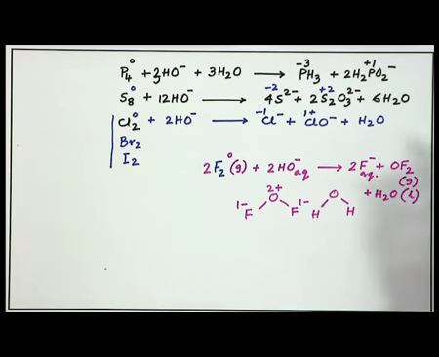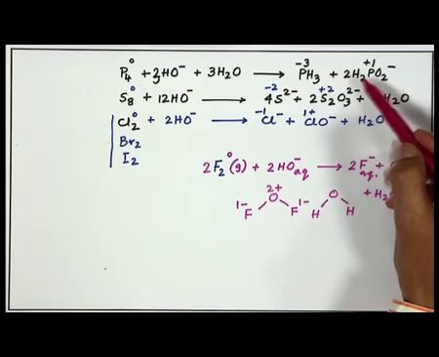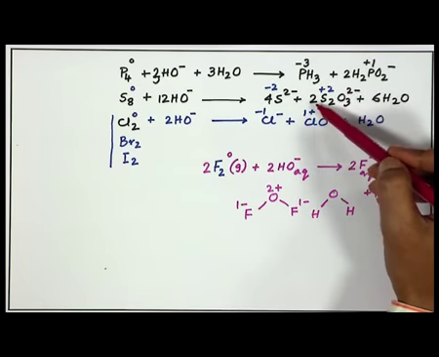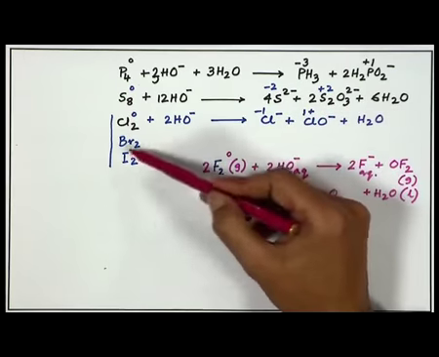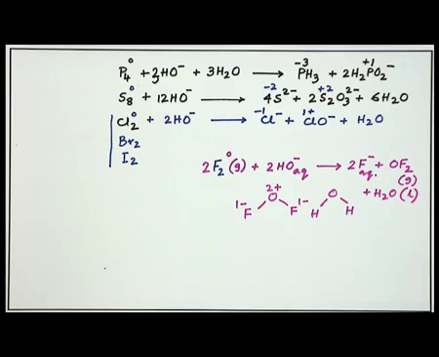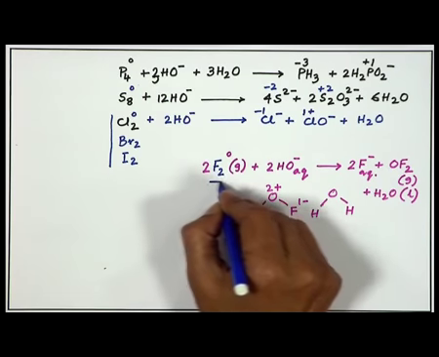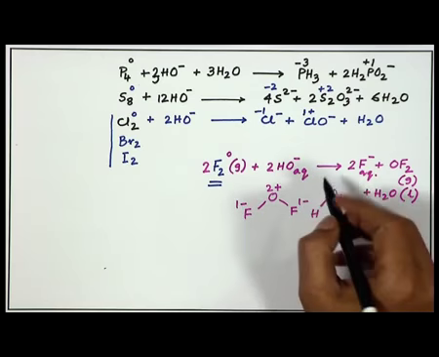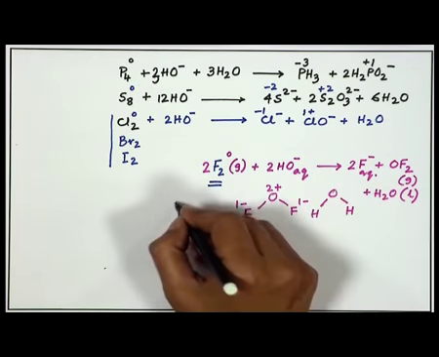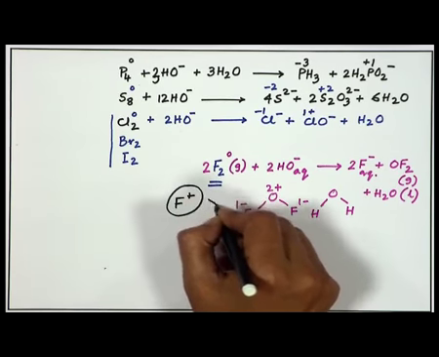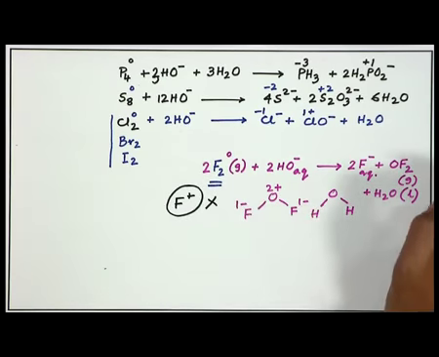So, what are we basically getting? Here we are getting phosphorus in the positive oxidation state, sulfur in the positive oxidation state, chlorine, bromine and iodine all in positive oxidation state, but this particular element, fluorine, will resist that formation, that means it is not forming A plus. So, A plus is not forming in any such reaction. So, it is not a typical disproportionation reaction.